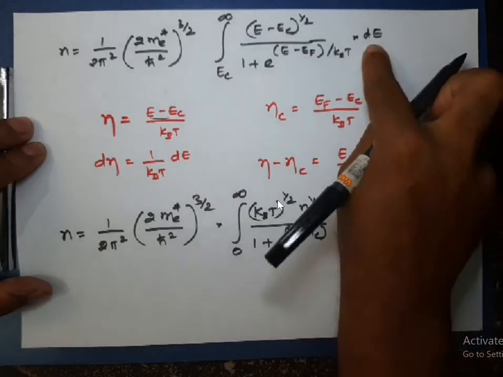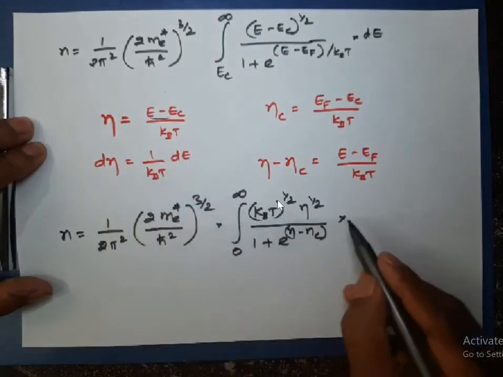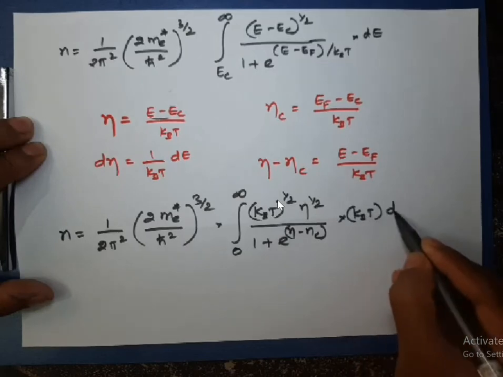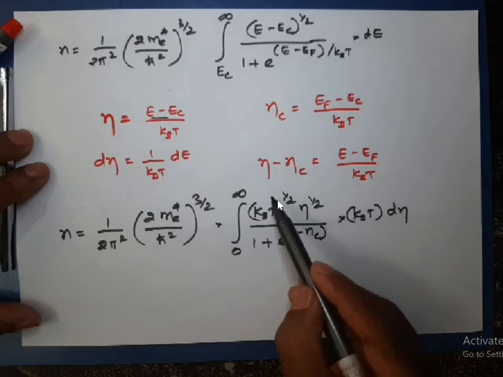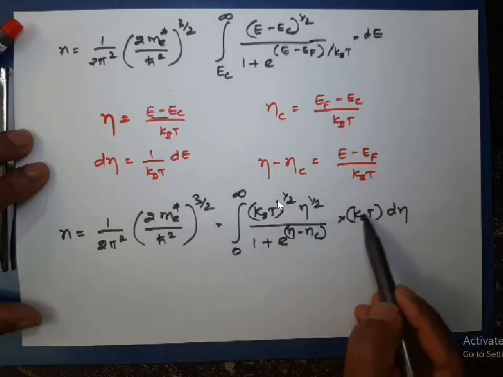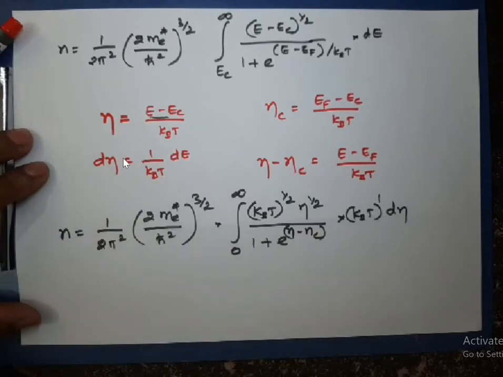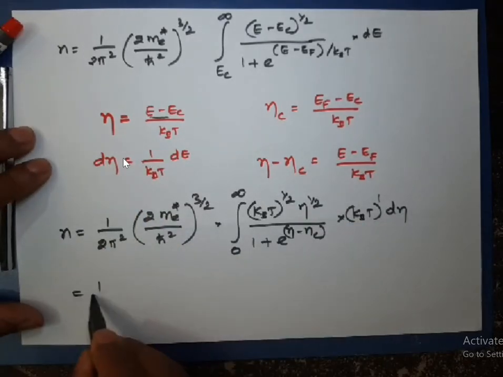Now what is dE? From this, dE is equal to kBT into d eta. Now kBT power half and kBT power 1 together become kBT power 3 by 2, and I'll take this kBT power 3 by 2 out.